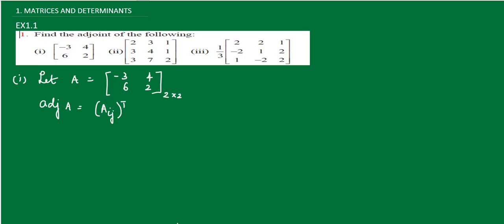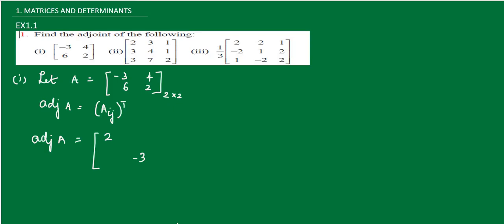Now to find the Adj of A, we interchange the diagonal elements. So the first element, A11, minus 3, is replaced by 2, and the A22 element is replaced by minus 3.